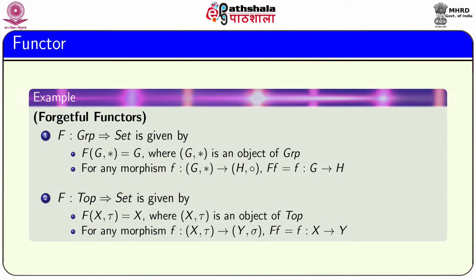We want to define a functor F on the category GRP of groups and group homomorphisms to the category Set of sets and mappings, it takes the group to the underlying set of the group. That means, F will take the object G, which is a group in the group category, to the underlying set of the group in the category of sets.